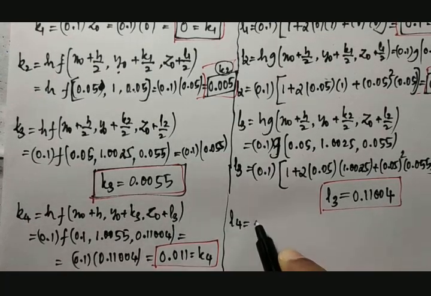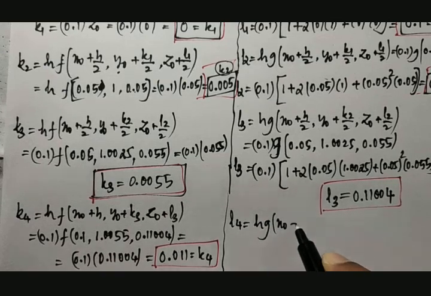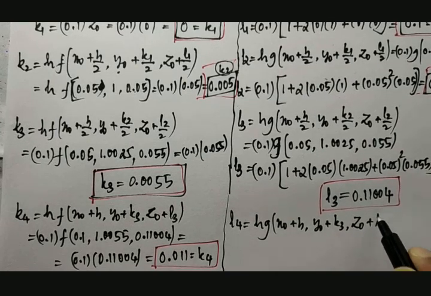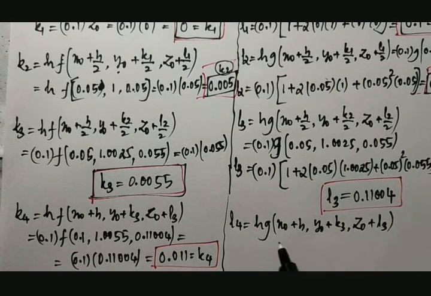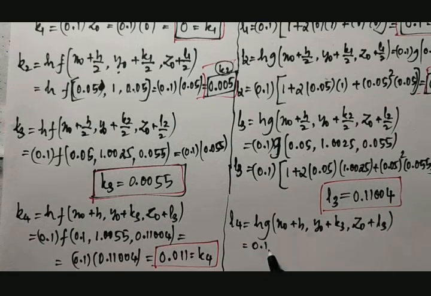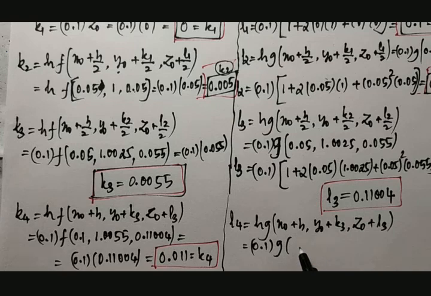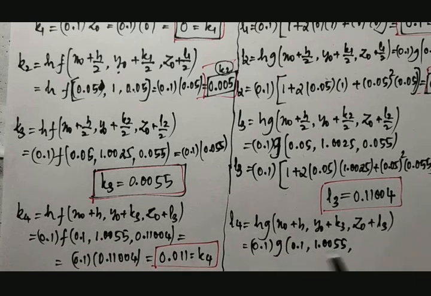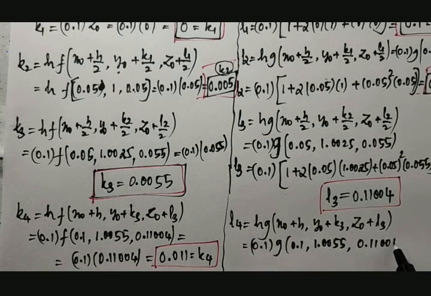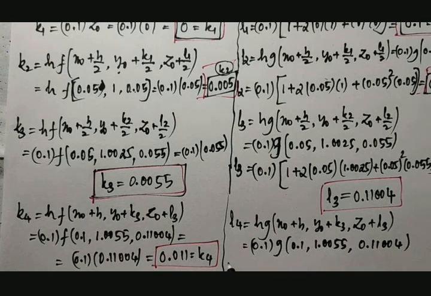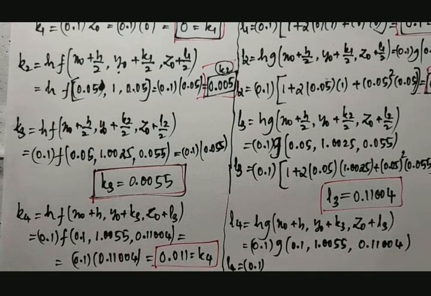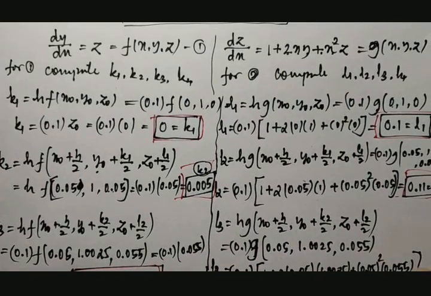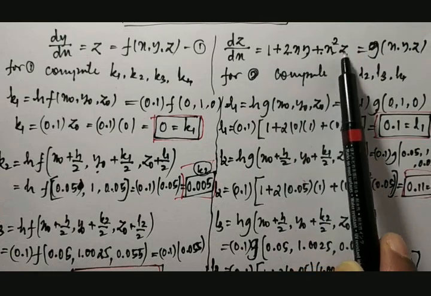Okay. Similarly, take L4. L4 is equal to h into g of x0 plus h, comma y0 plus K3, comma z0 plus L3. The results remain the same, that is L4 is equal to 0.1 into g of 0.1, comma 1.0055, comma 0.11004. The g function is 1 plus 2xy plus x square z.